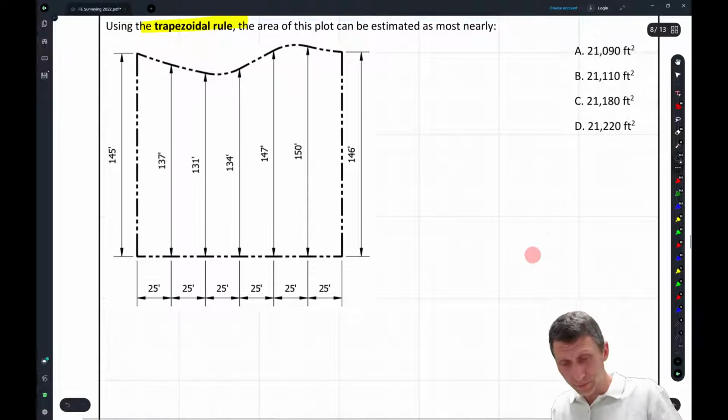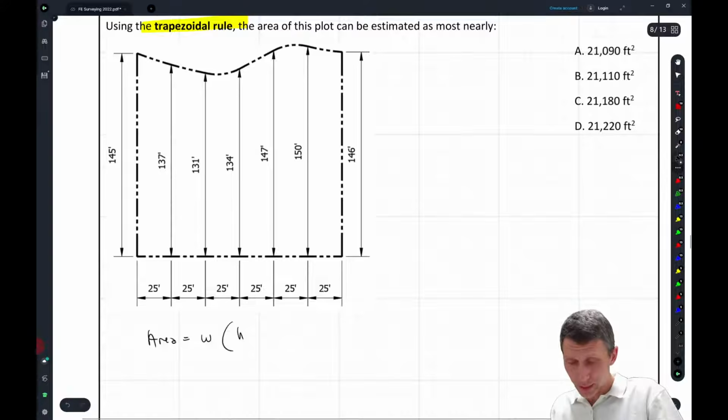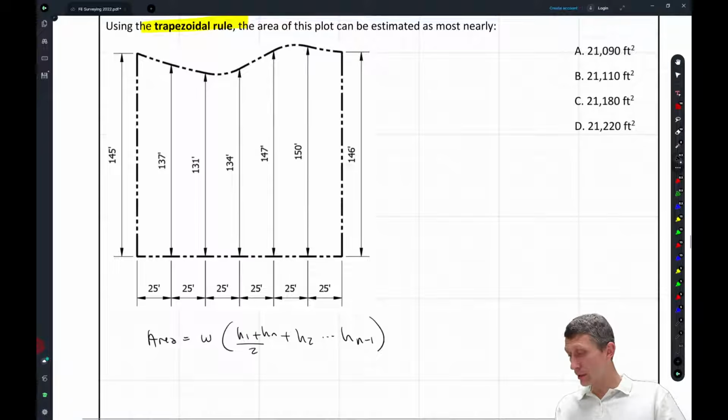The area equals W times H1 plus Hn over 2, plus H2 dot dot dot all the way up to Hn minus 1. So the question is, what's n? Once you know what n is, you should be good.